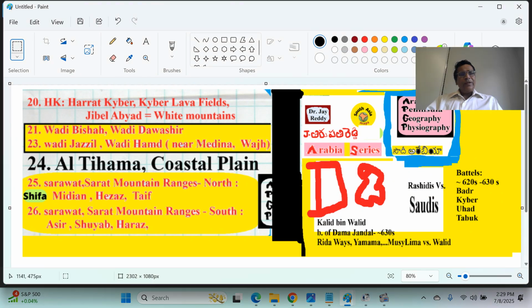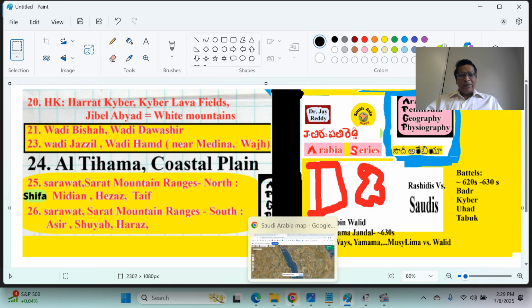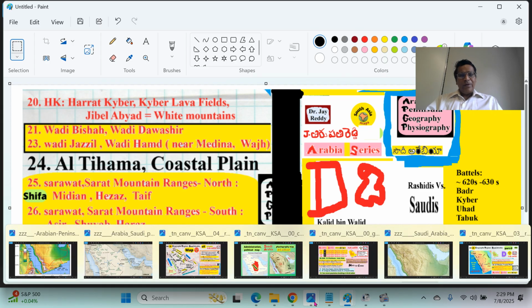I have put this in enlarged form, and you can see it here, and you can read. So the famous battles were fought in the 620s to 630s of the 7th century. Battle of Badr, Kyber, Uhud, and Tabuk. All these were fought in this region, and Muhammad established his hegemony and domination over the Arabs.